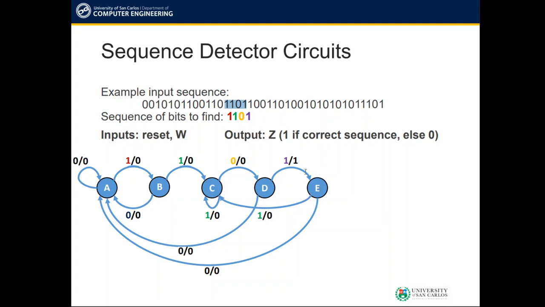So that's 1, 1, 0, 1. And then if you ask why you have this arrow here, in this case when it becomes 1101, if the input of your state E is 0, we go back to state A.